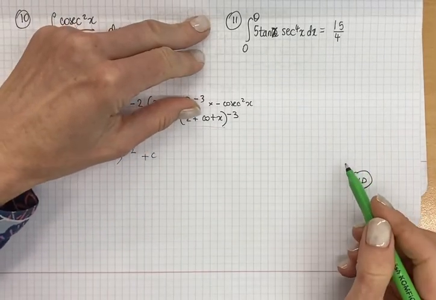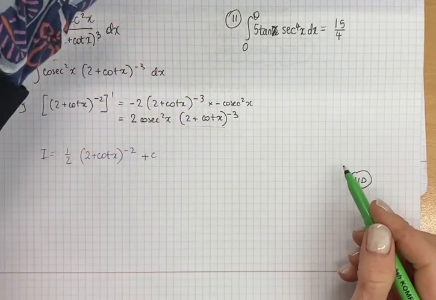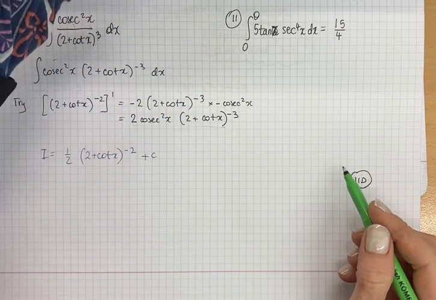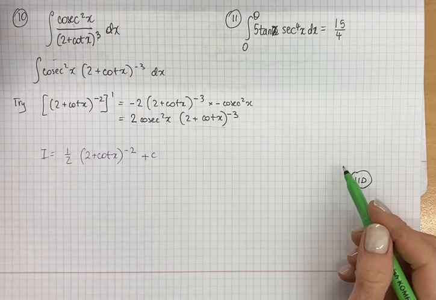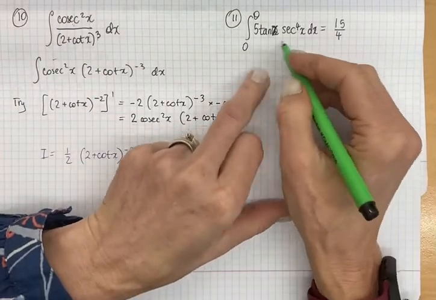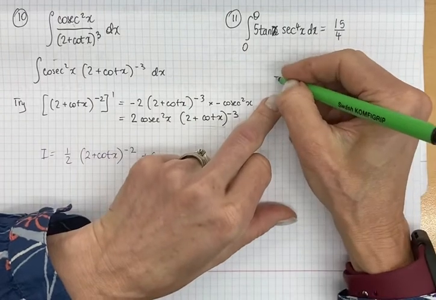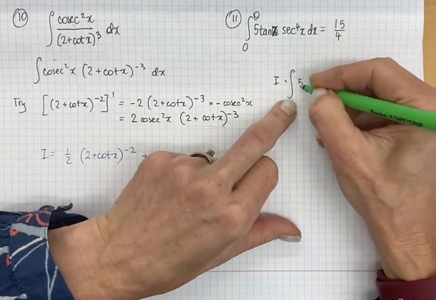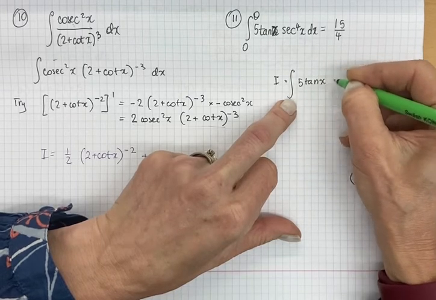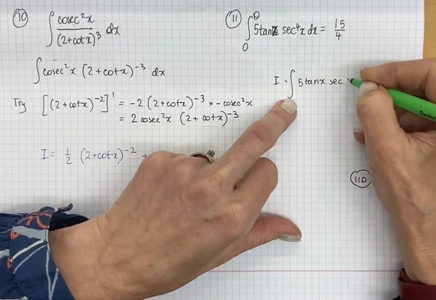Okay, and then here, let me just check that I've copied this. It must be tan x here. Yeah. Okay, so I'm just going to show the integrating part. I'm not going to do the limits or anything else solving, because we already solved it in the previous video, in the previous section.